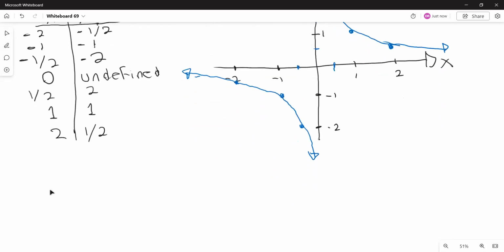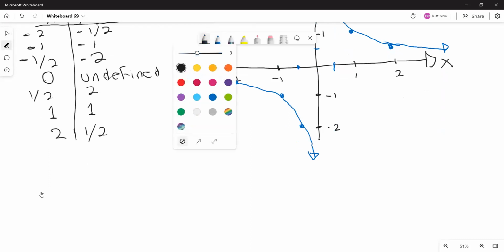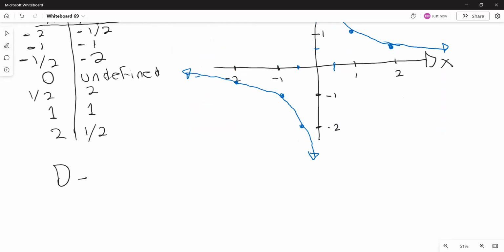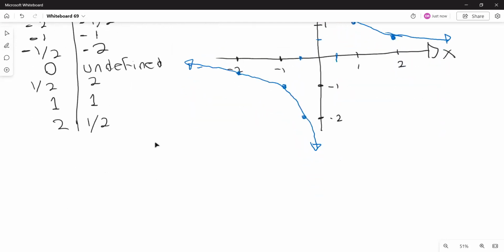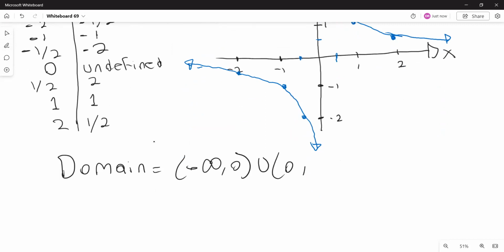That this function is decreasing. Let's start with the domain. We see that the function is undefined at 0, so the domain is all real numbers except 0, or negative infinity to 0, union 0 to infinity.